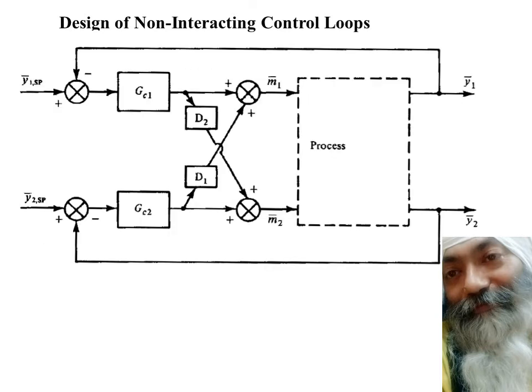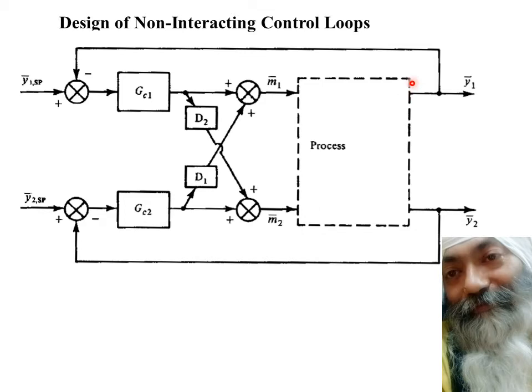Now, as you know the philosophy, whatsoever was m1 over here, we want that this output of gc2, which is from the neighboring loop, is getting multiplied by d1, and we have seen the value of d1. That d1 is going to be added to the upper loop, the effect of the lower loop, which was happening through the process, through interaction.